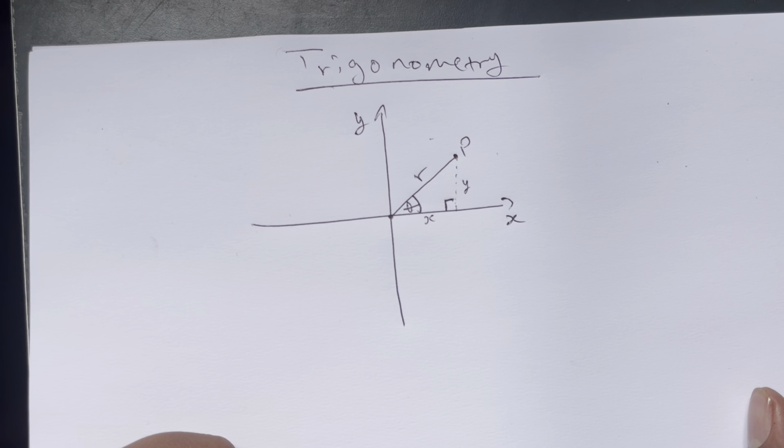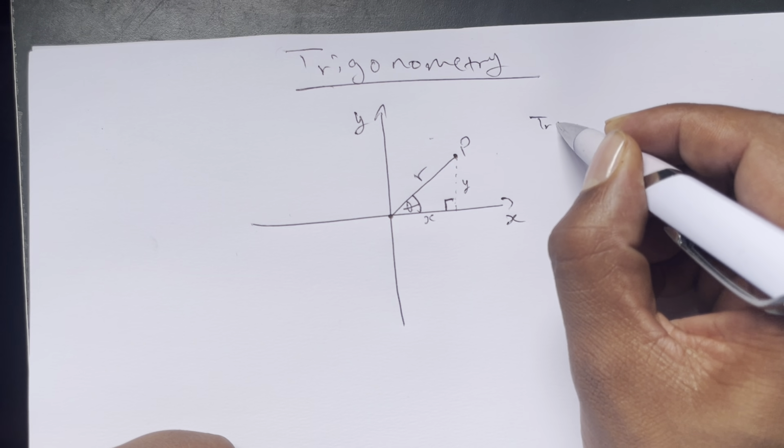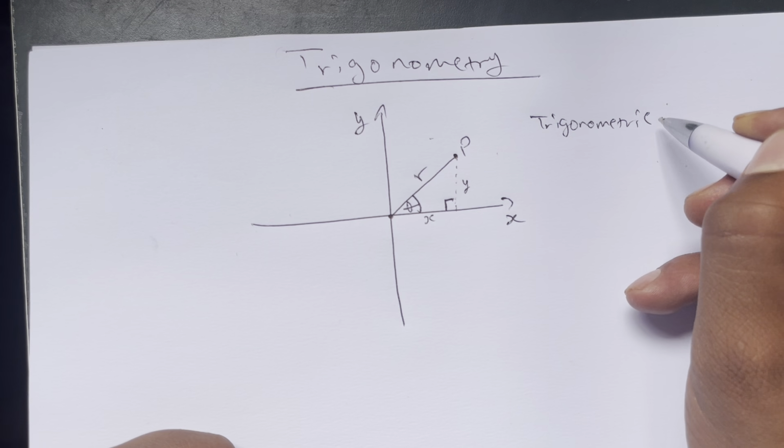Then that leads us to what we call trigonometric ratios.